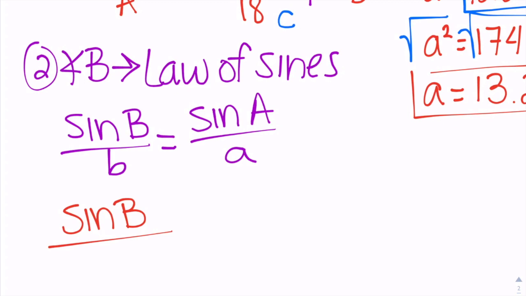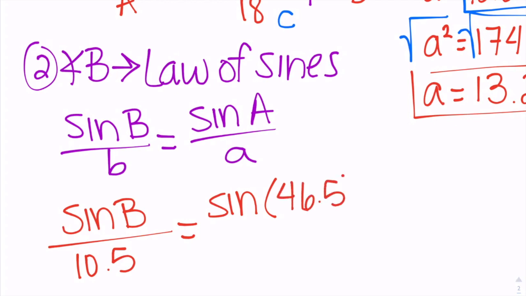So now we substitute everything in, so we don't know angle B, so sine of angle B over side B, which is 10.5, equals sine of angle A, and angle A is 46.5, over side A, and side A is 13.2.